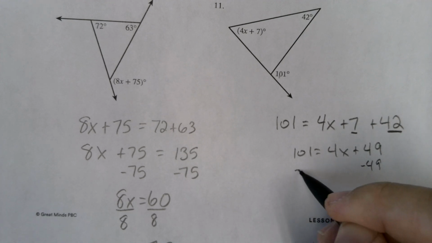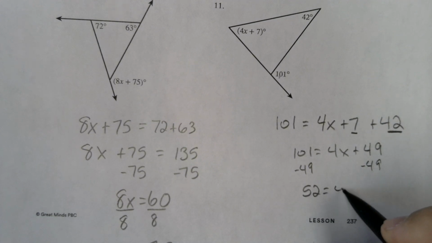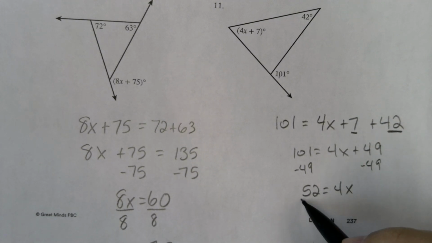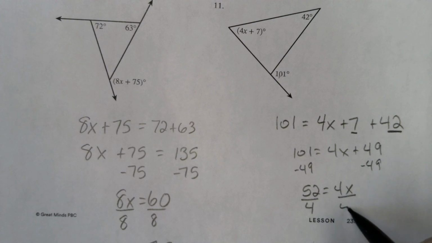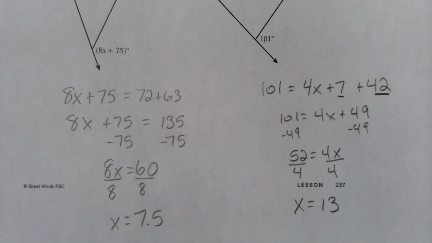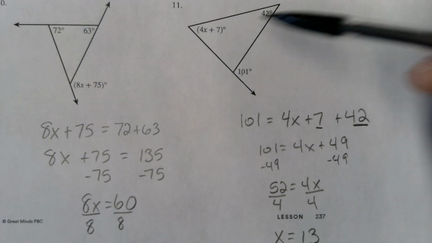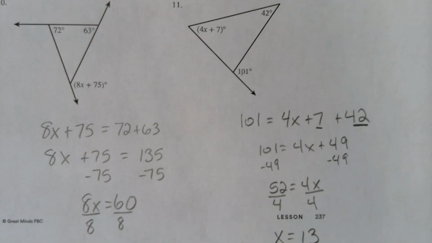Subtract. 4x equals 52. Divide by 4 to solve for x, and we get x equals 13. Again, outside angle is equal to the two opposite inside angles.